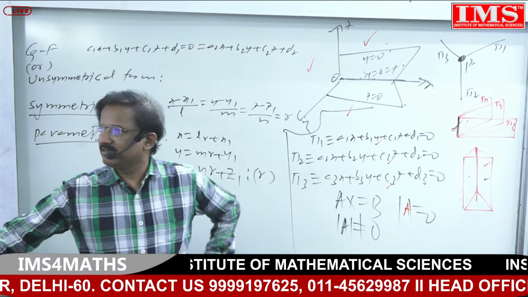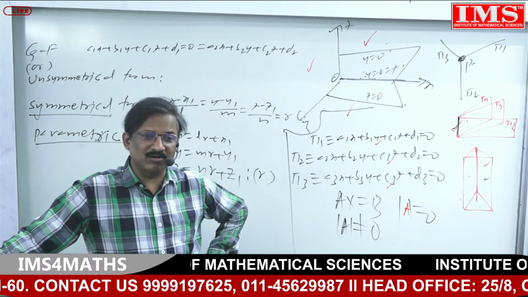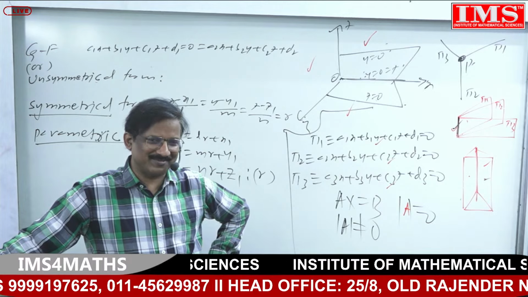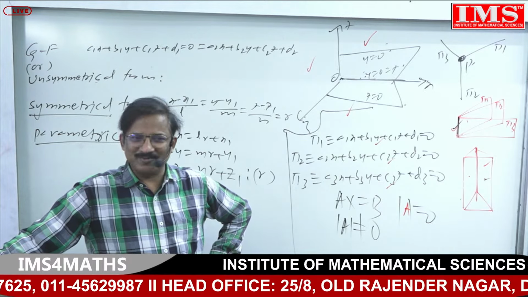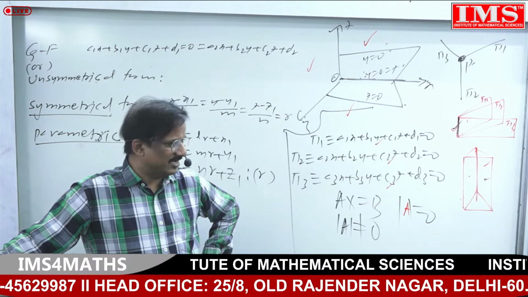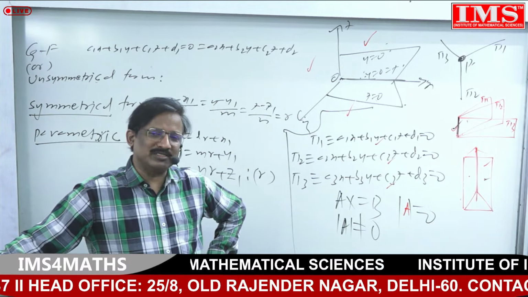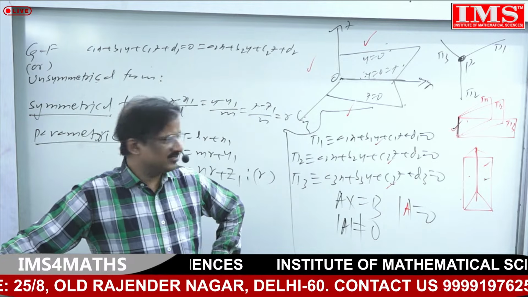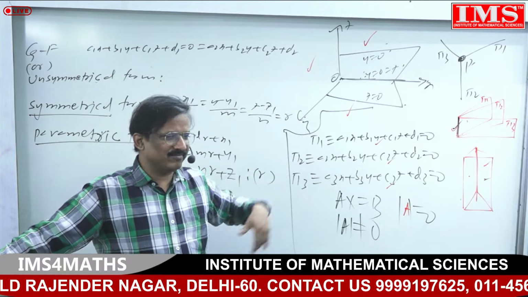Just like you might have heard in the 12th class, augmented matrix. Rank of coefficient matrix, rank of augmented matrix. If you remember, if rank of augmented matrix and rank of coefficient matrix are the same and equal to the number of unknowns x, y, z, then the given system is said to be consistent and has a unique solution.